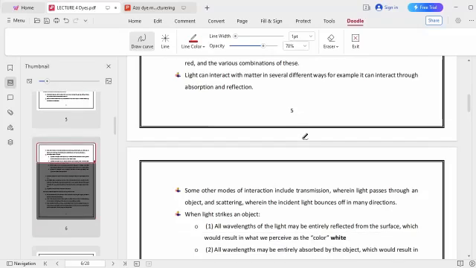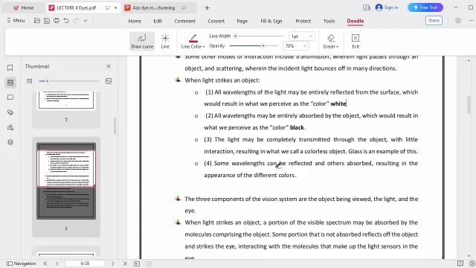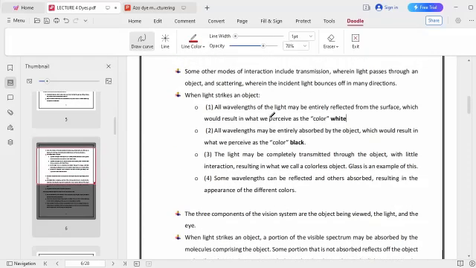Like I said before, light can be absorbed or can be reflected. Some light can be transmitted through, which means it's passing through a substrate and goes to the other side, or it can be absorbed, which means it gets inside the substrate and doesn't pass through.